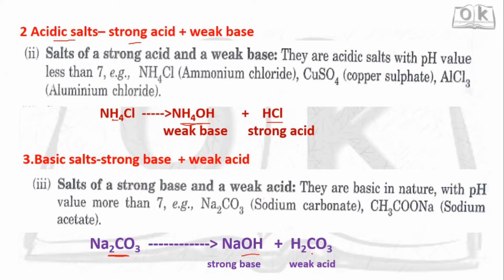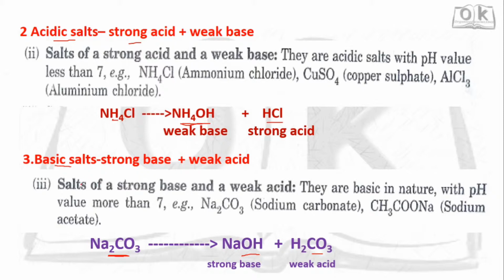And so again here hydroxyl ions are present in more quantity, as they dissociate from strong base, that is sodium hydroxide, and it will not be completely neutralized by the H plus ions, as here H plus ions are furnished from a weak acid. And so the salt formed here will be a basic salt, meaning this salt has the characteristics of a base, and so it will be a basic salt.